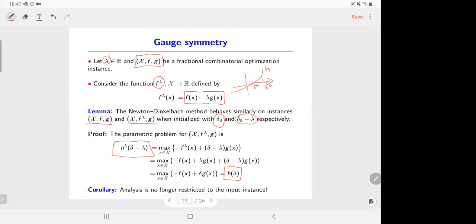Then what gauge symmetry says is now I define a new instance by shifting the h function. So now my delta star is here. And so to obtain a similar behavior of Newton's method, I also shift my delta naught from here to here. Because the curvature of the function is the same, we will obtain similar behavior on both instances. Geometrically, that's the idea.